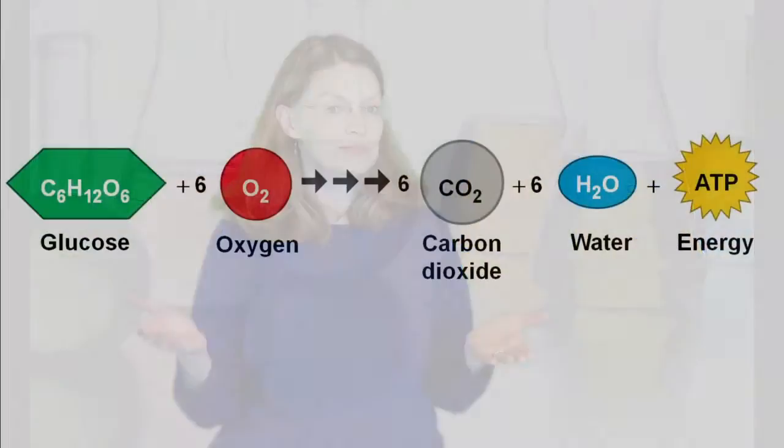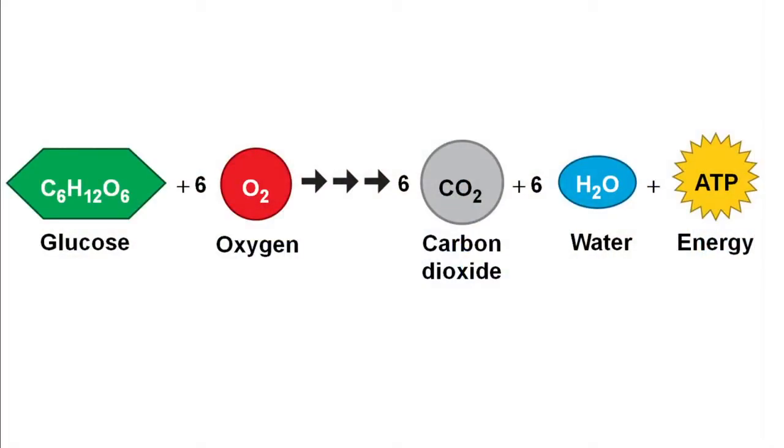So let's review one more time. Cellular respiration is what we do most of the time. To get energy, our cells take food, in this drawing shown as glucose, and use oxygen to help break it down to make energy, and also carbon dioxide, which we breathe out, and some water.